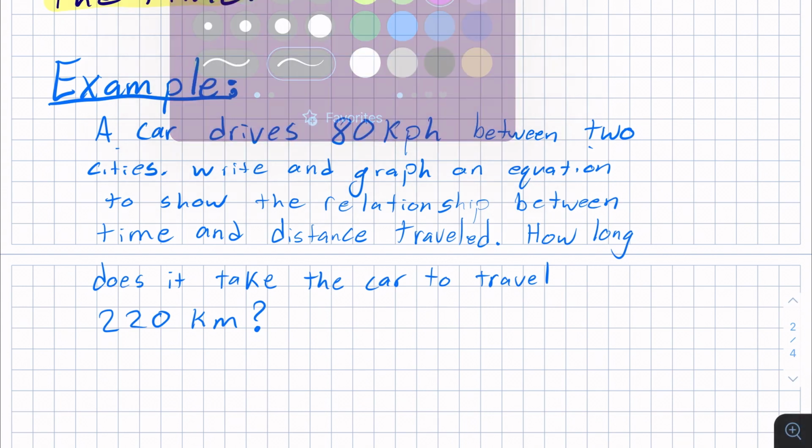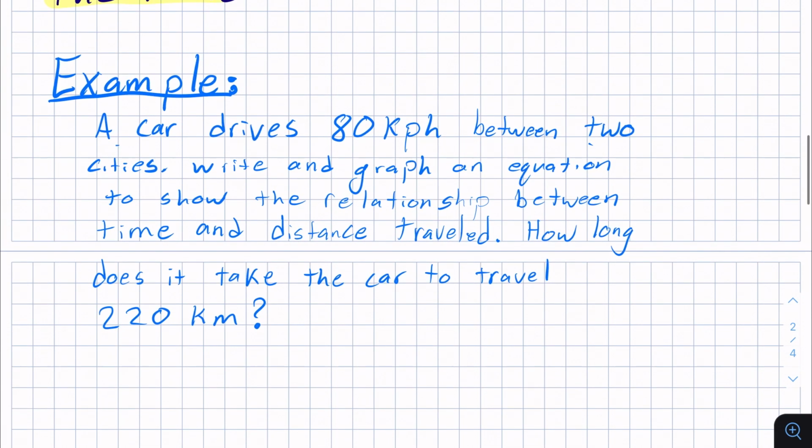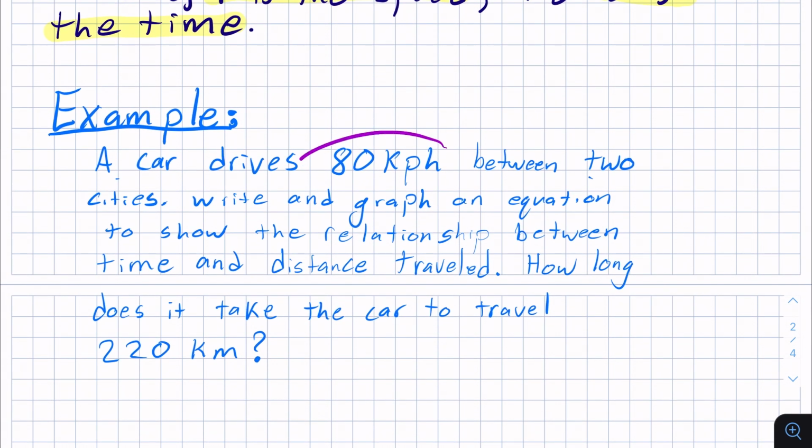I'm going to change back to my purple color. So, if the car is traveling 80 kilometers per hour, and I'm thinking about the distance formula, 80 kilometers per hour is going to be my rate. See here, R, rate. And if it tells me that the car travels 220 kilometers, then that is going to be my distance, isn't it?